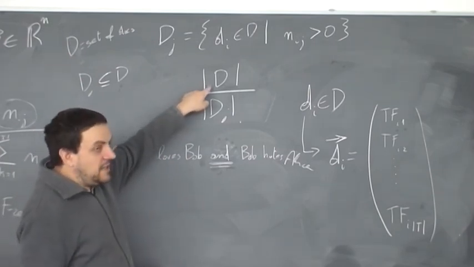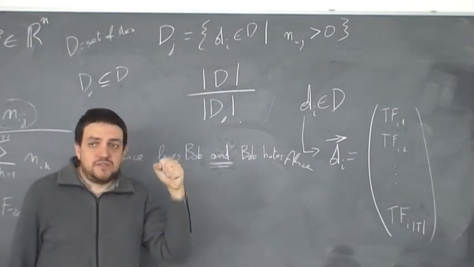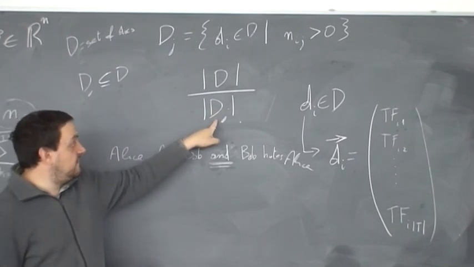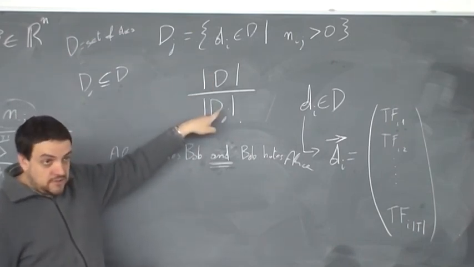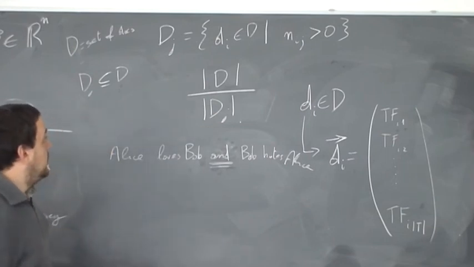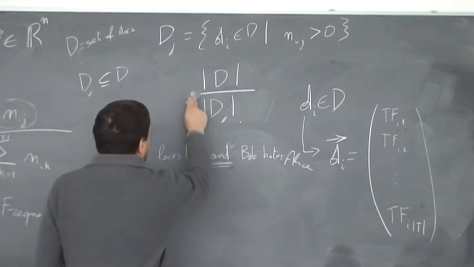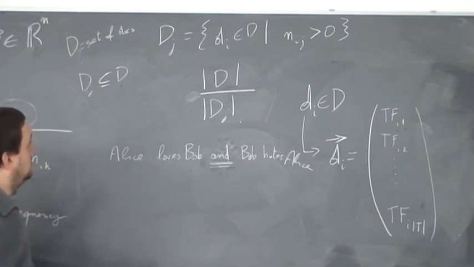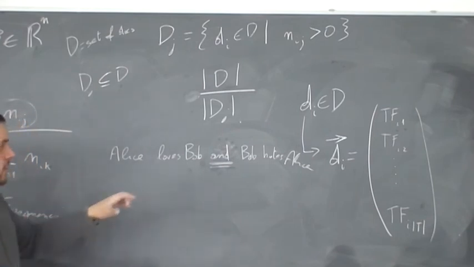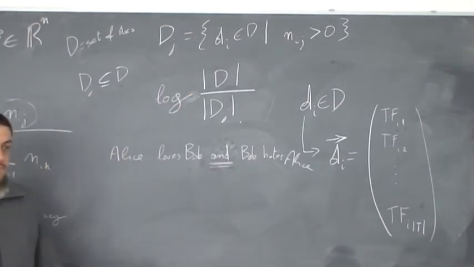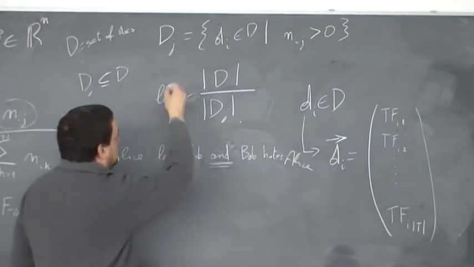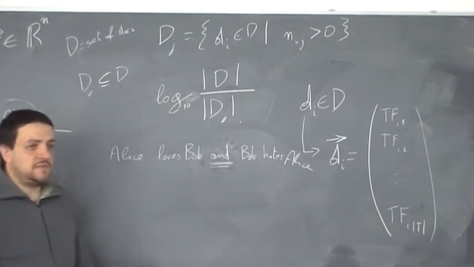And it will be larger if the word is not common. So if I have few documents that contain word j, then this number will be larger. Actually, in order to contain the growth of this, we can usually take the logarithm, let's say base 10, which is easier to understand.